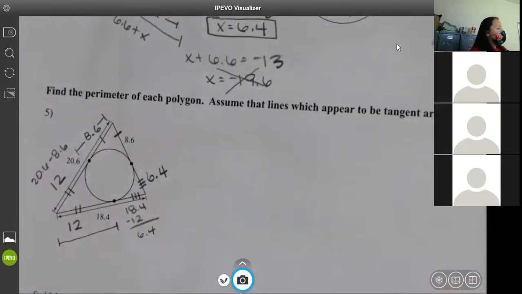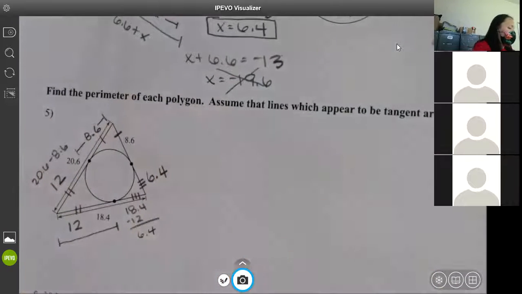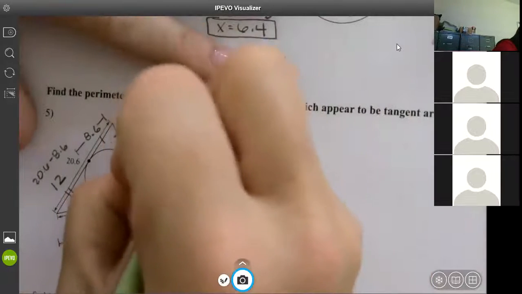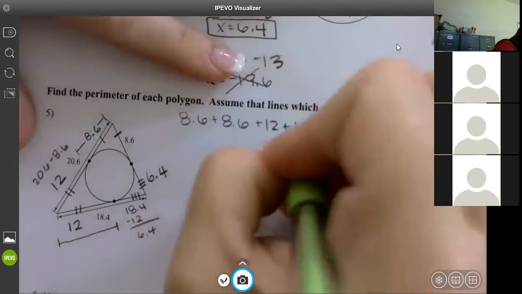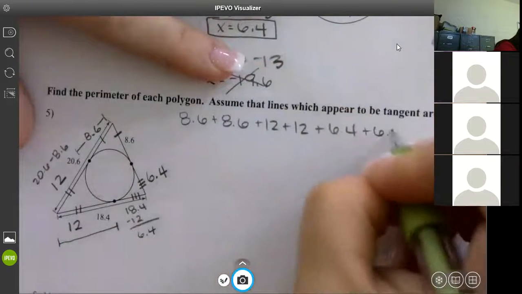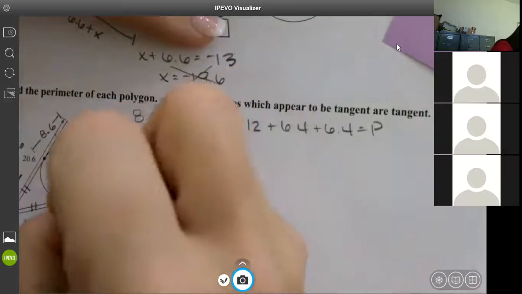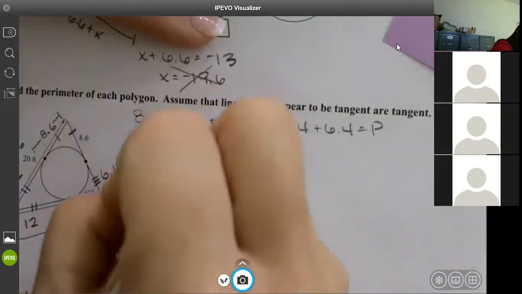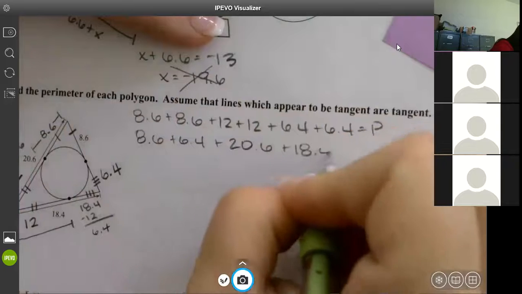How do we find the perimeter? Add them all up. You can add them separate. You can add these 2 together and then these 2, I don't care. So what I'm saying is you can do 8.6 twice, 12 twice, and 6.4 twice to get your perimeter. Or you can go with the 2 that you found and the 2 that they gave you.